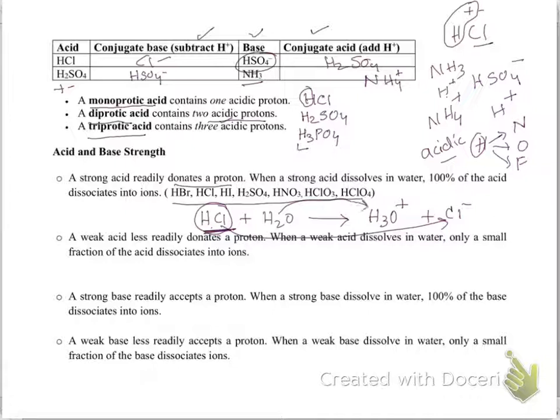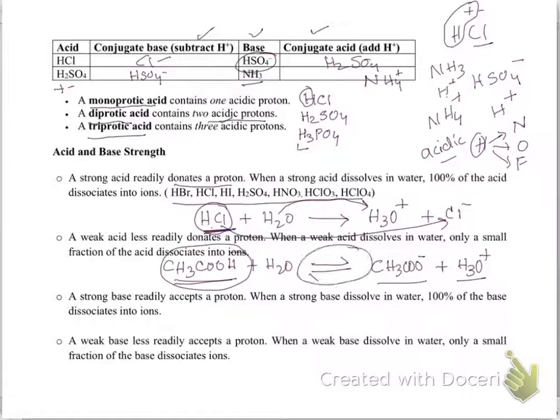Base accepts the proton. On the other hand, if you have weak acid, let's say for example acetic acid, it less readily donates the proton, means when you dissolve it in the water, only a fraction of this acid dissociates. So we show this with 2 arrows, equilibrium sign, and yes, acetic acid is breaking down to produce these ions, but we have a lot of intact acetic acid present there too. So that means we have all these things present.